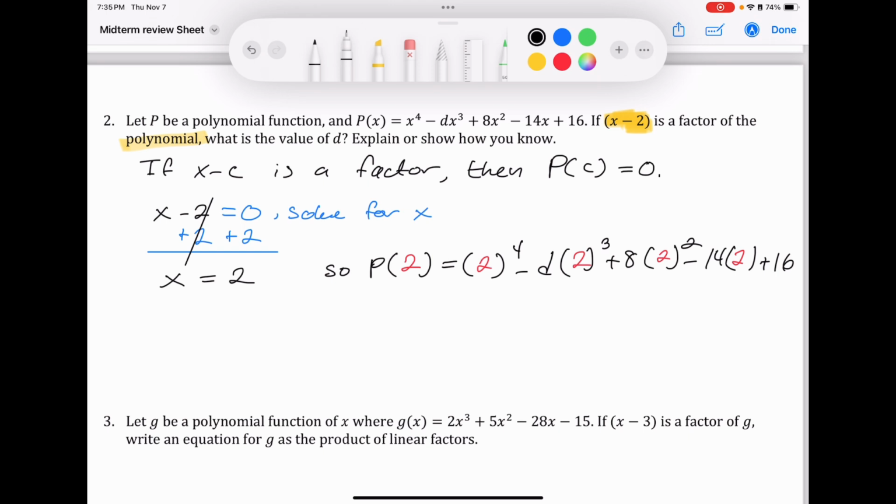And this is going to be equal to 0 as well, because once again, by definition, since x minus 2 is a factor, then p of 2 is going to equal 0.